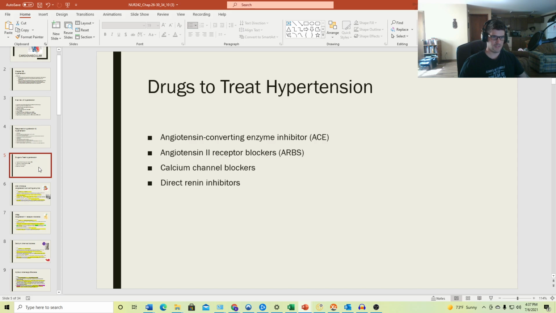Angiotensin converting enzyme inhibitors, so ACE. Angiotensin 2 receptor blockers, or ARBs. Calcium channel blockers, and then direct renin inhibitors. So I think that's like maybe your beta blockers. That's later on. We'll get into that.